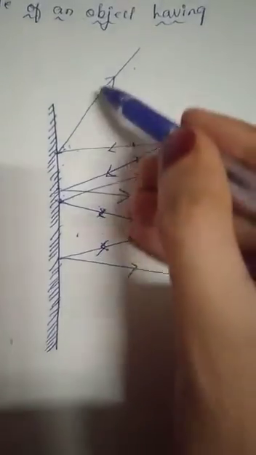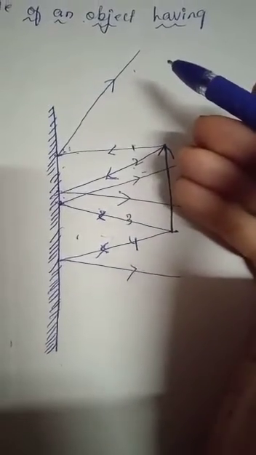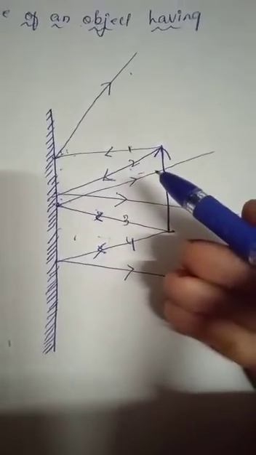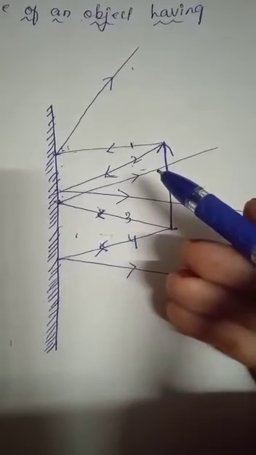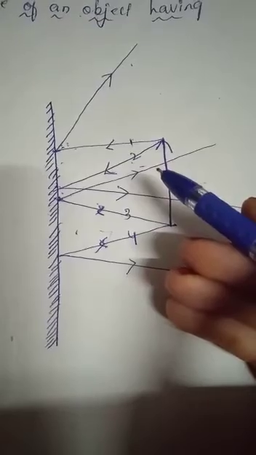If you see these reflected rays from the top, ray 1 and ray 2, they are diverging, deviating like this.